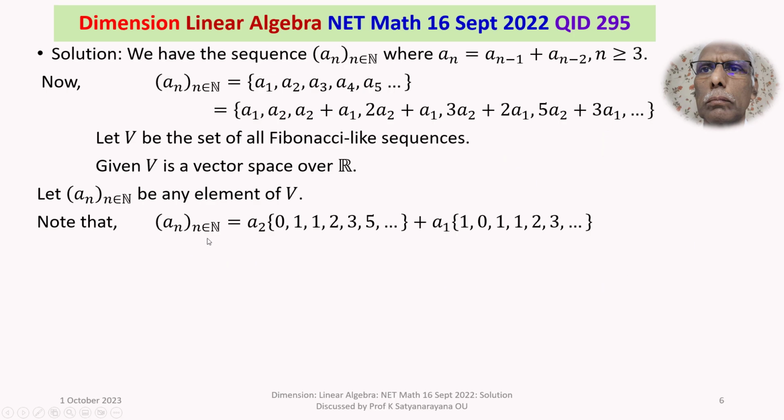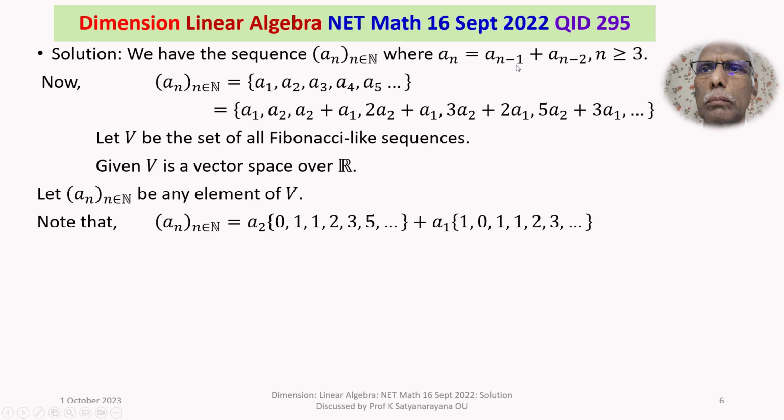Thus any sequence a_n can be written as a2 multiplied by this sequence plus a1 multiplied by this sequence. And you may see these sequences are also elements of V. Why? Because they satisfy that property.